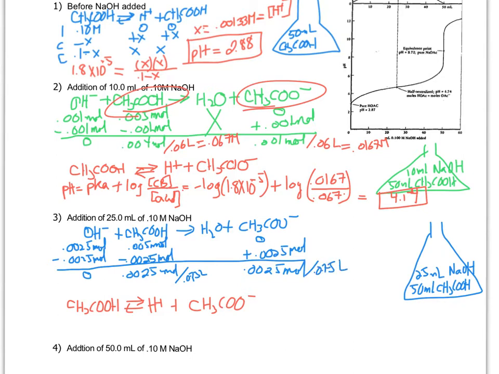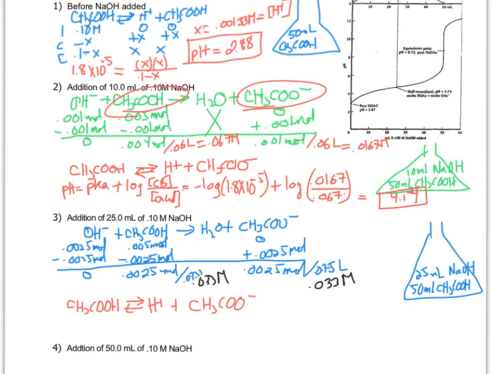Let's see, my concentration for the acid ends up being 0.033 molar. And this is the same concentration, 0.033 molar. Can you tell already what will happen? Some of you can. Let's look.